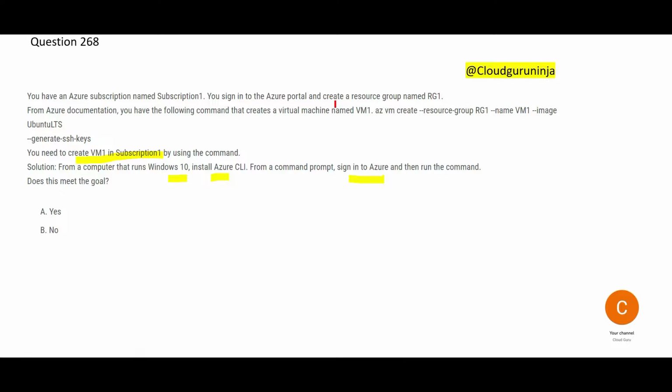So here this should work. This should be our answer because, like I told, CLI works on Windows 10 and you can create resources. It is one of the mechanisms to create. So one mechanism is you use the portal. Second mechanism is you use PowerShell. Third mechanism is you use CLI.